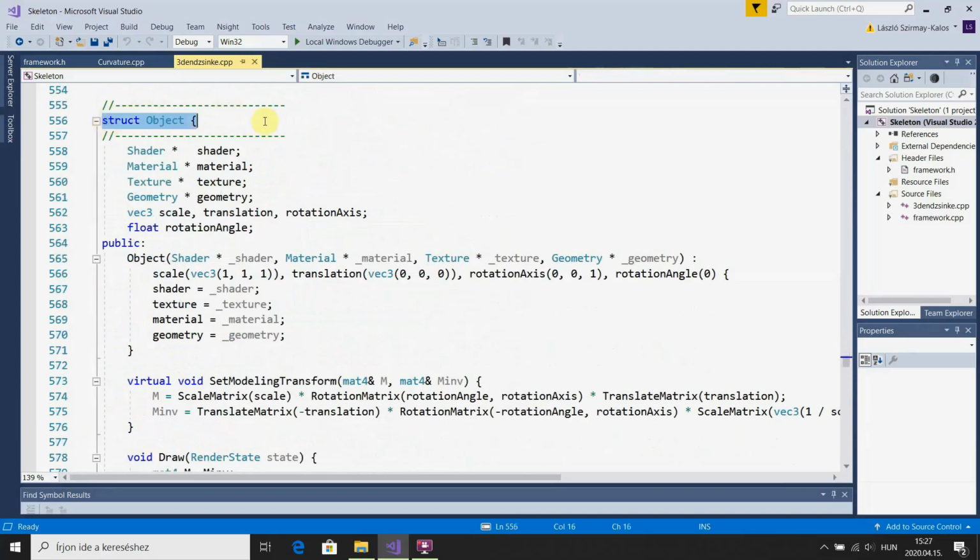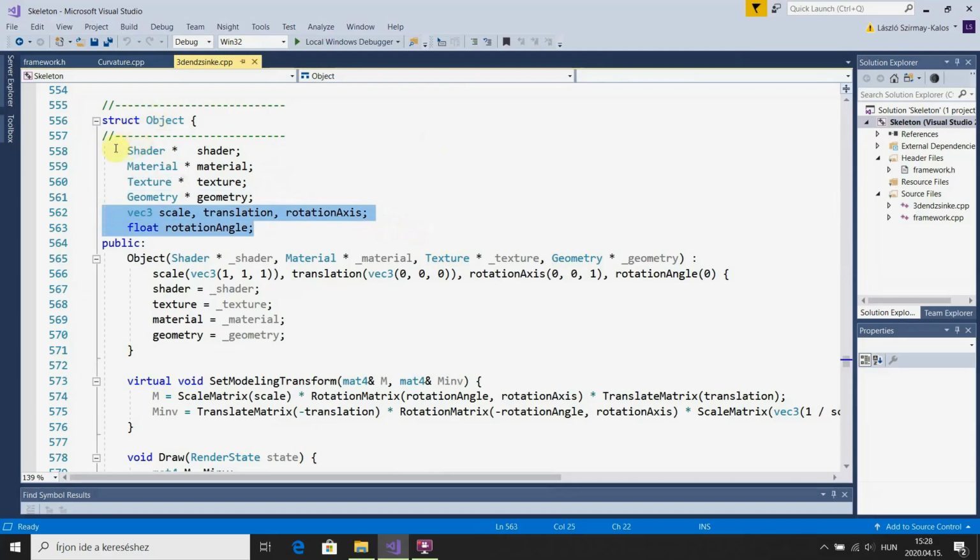Okay, and now the object that can live in this virtual world. An object needs a shader, which is activated when this object goes through the rendering pipeline. An object has a material, texture. It is defined by a triangle mesh. Already on the GPU, we call it geometry. It has transformation or animation parameters, including the scaling factors along the three coordinate axes, translation and rotation axis and rotation angle.